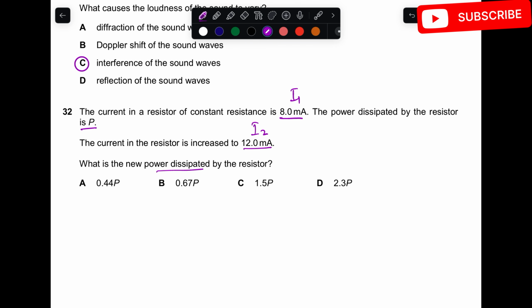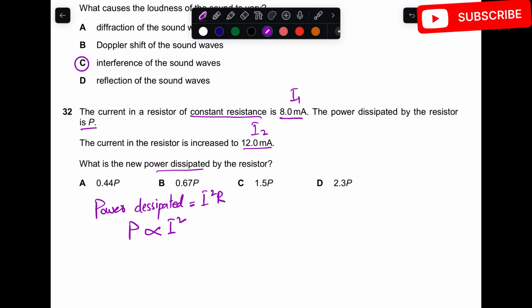Okay. So if you remember, power dissipated is equal to I square R. So if the resistance is constant as given, I can say power is directly proportional to I square. So same, we can use the ratio proportion method.